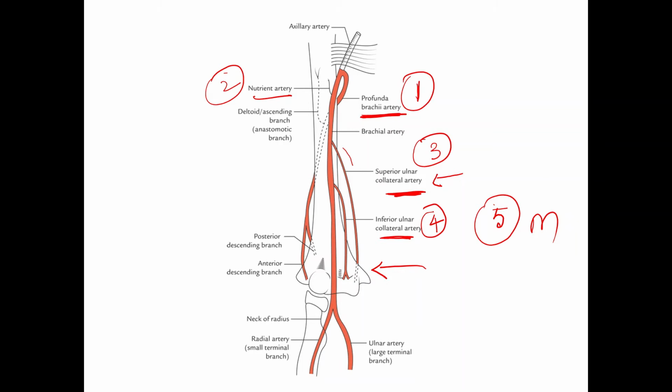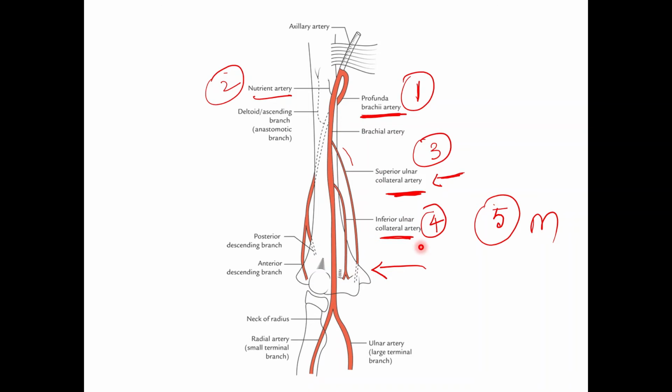Number 3 is the superior ulnar collateral. This superior ulnar collateral arises in the middle of the arm, where it is seen piercing the medial intermuscular septum along with the ulnar nerve and takes part in the elbow anastomosis as it descends downwards.